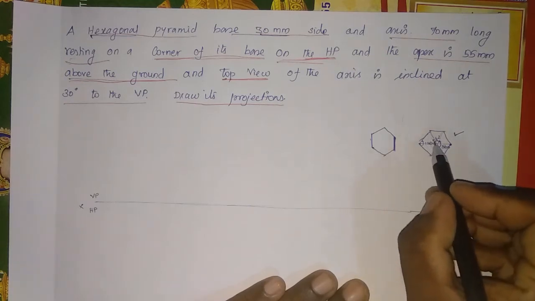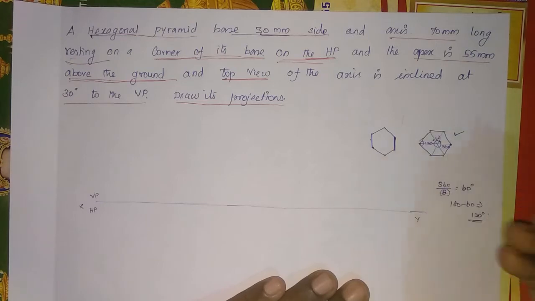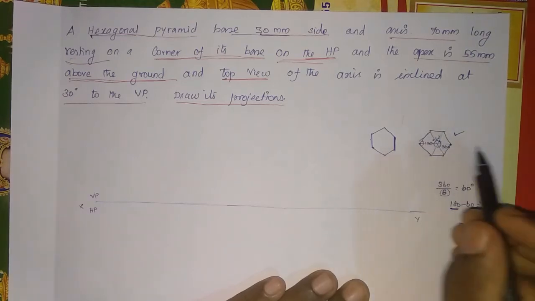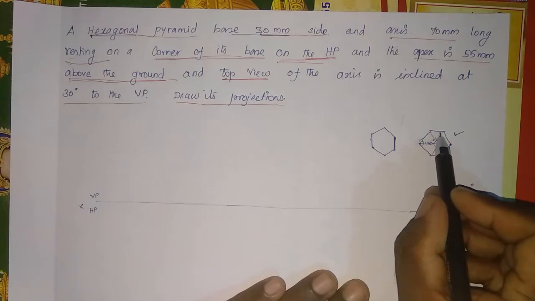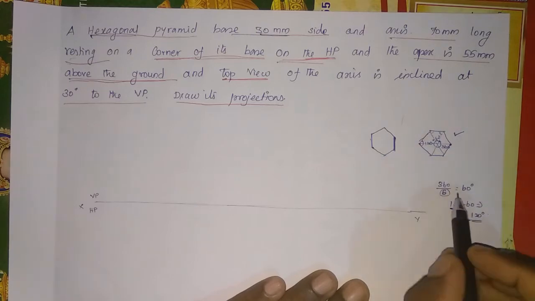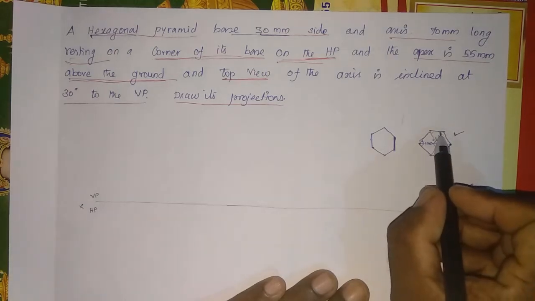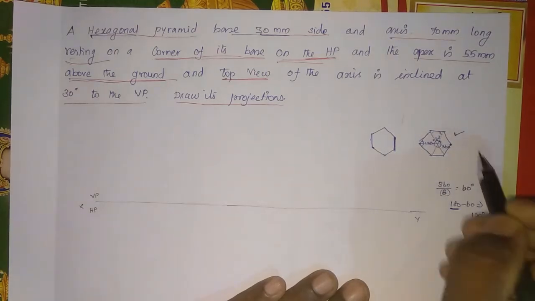We know that the total angle of a triangle is 180 degrees. Subtracting 180 minus 60, we get 120, so the total of these two angles is 120 degrees.